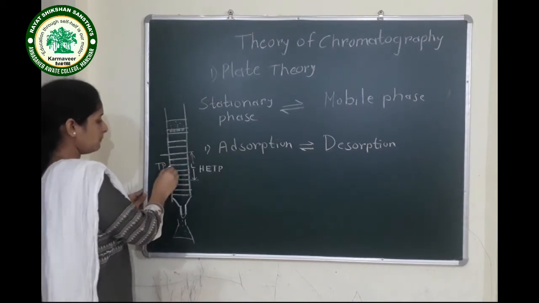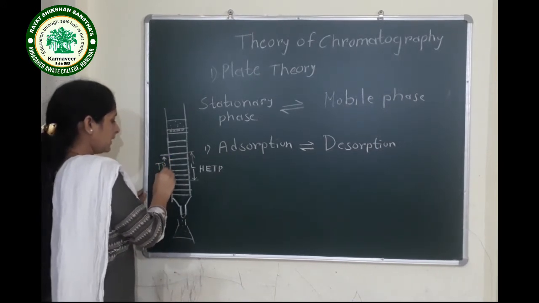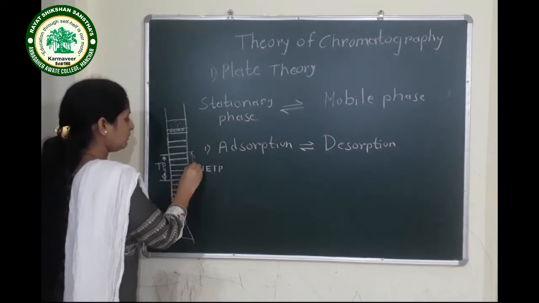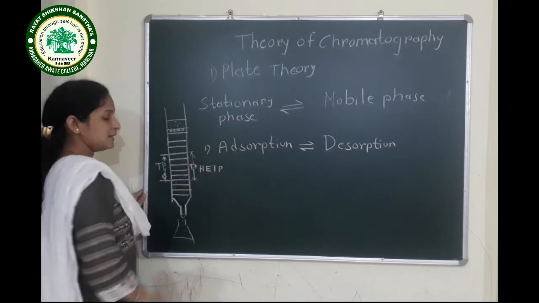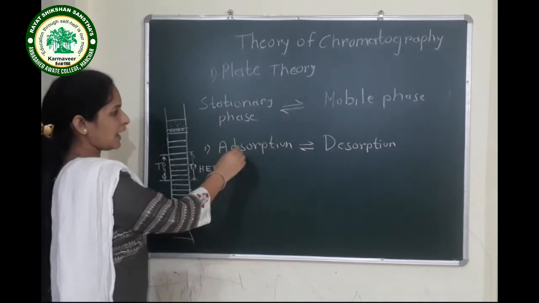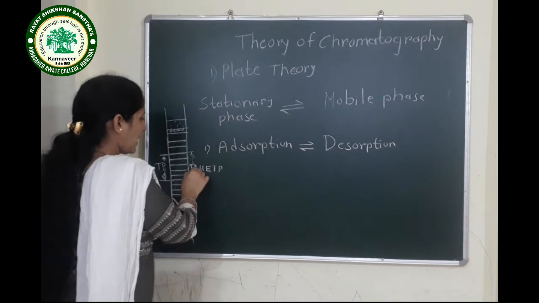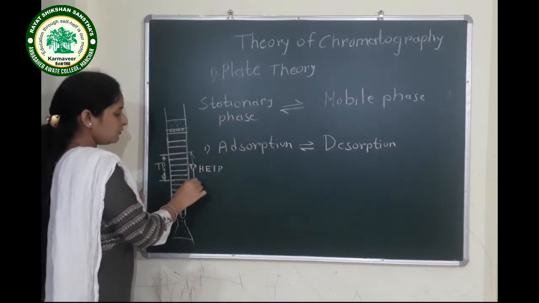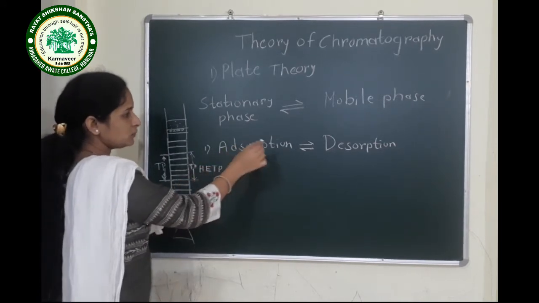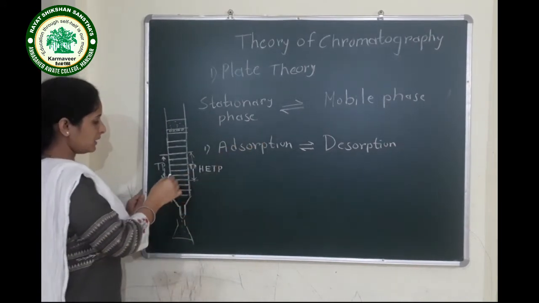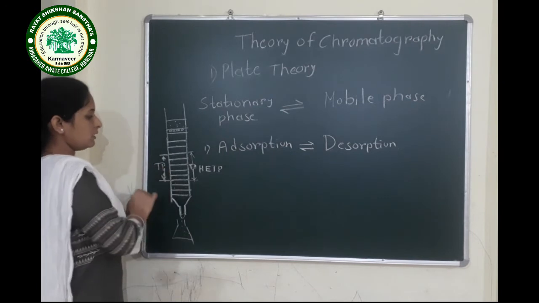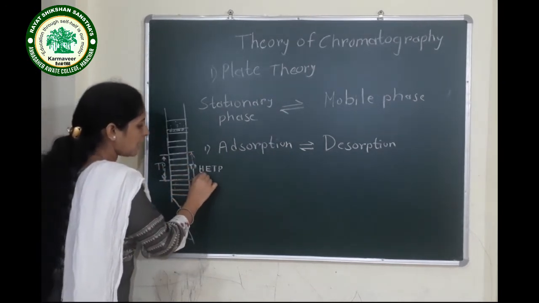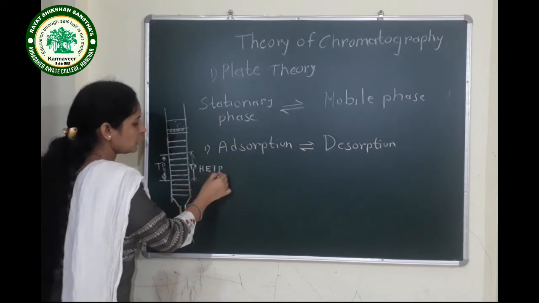What is the theoretical plate? At the theoretical plate, what happened? There exists the equilibrium between the adsorption desorption and static equilibrium. That length of the column in which the equilibrium between adsorption desorption and the static equilibrium exists is called the theoretical plate, and the length of this theoretical plate is called the height equivalent to the theoretical plate.